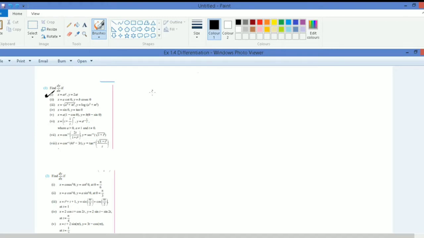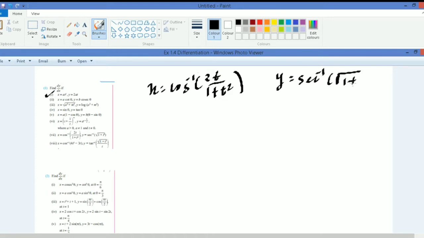Let's take question 7. The 7th question is, x is equal to cos inverse of 2t upon 1 plus t square, and y is equal to sec inverse of root of 1 plus t square.